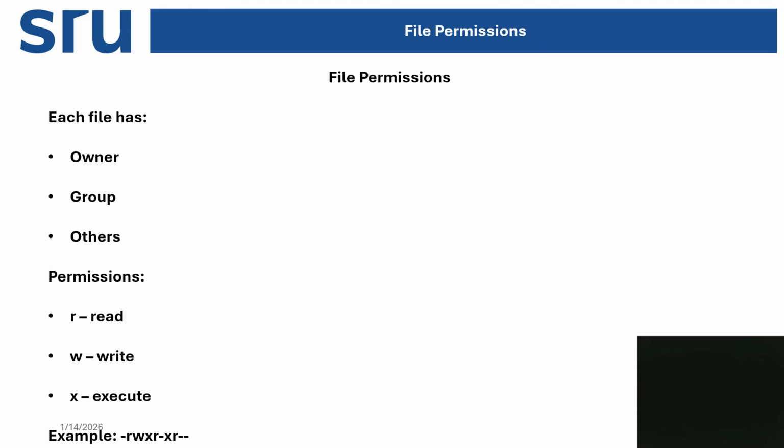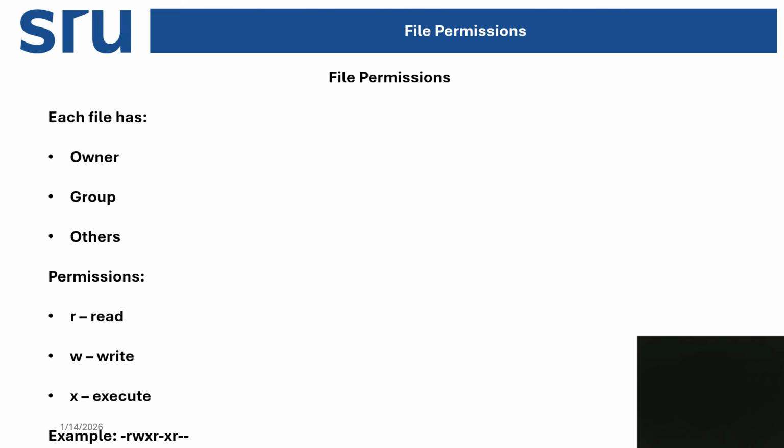Others: suppose myself and the group are two, the remaining people come under others, meaning not my known persons, some others. What type of permission should I give them? Those things I have to mention under the others group. So owner has 3 bits: read, write, execute.